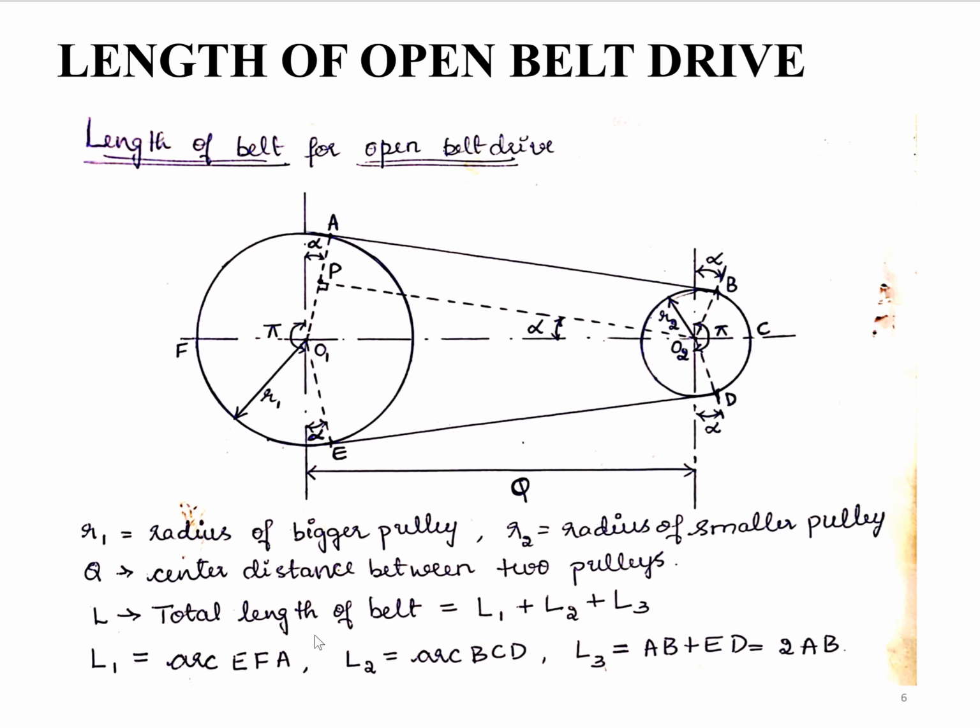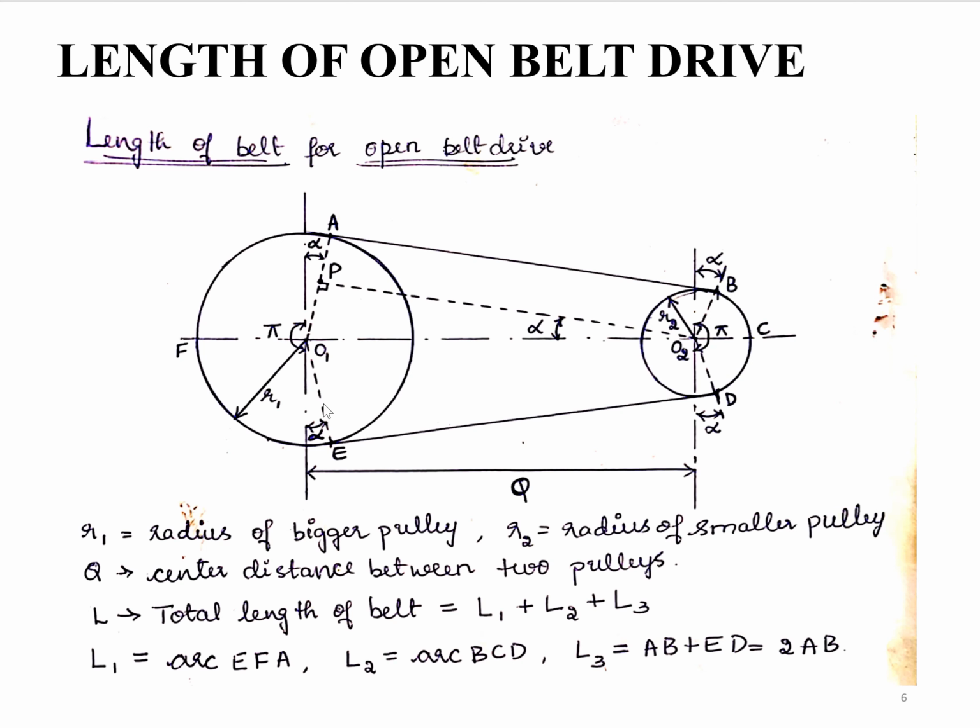If I want to get the total length of the belt, I need three lengths. One is the arc E, F, A. The second is the arc B, C, D, as well as A to B plus E to D, and here A to B and E to D are equal, so I can take it as 2 times A to B. That will be the same.